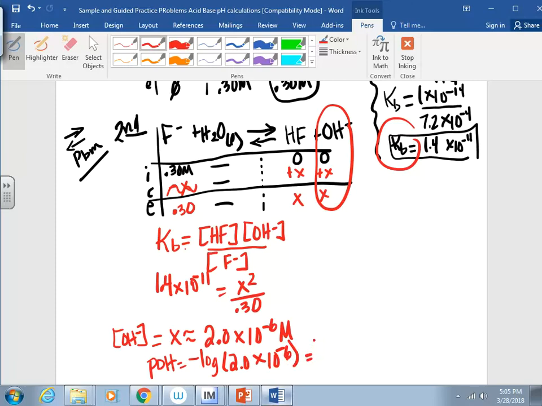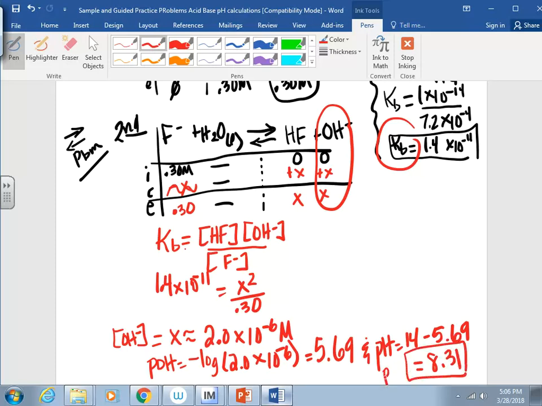So the pOH is equal to 5.69, and the pH equals 14 minus 5.69, which is 8.31. Now, again, since this was a basic salt, we should have anticipated a pH greater than 7, and this makes sense. So we are finished with this example.